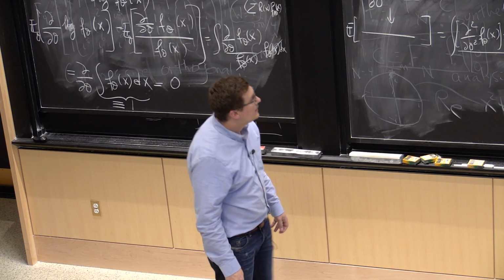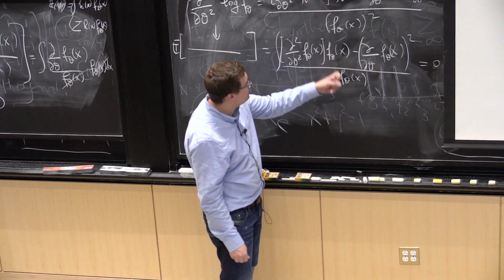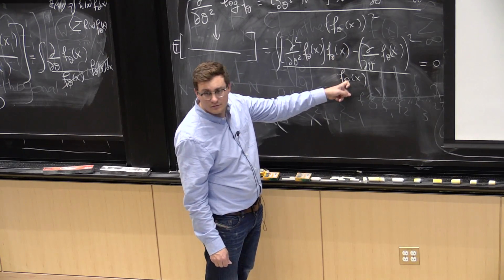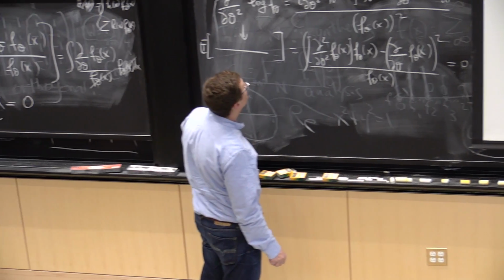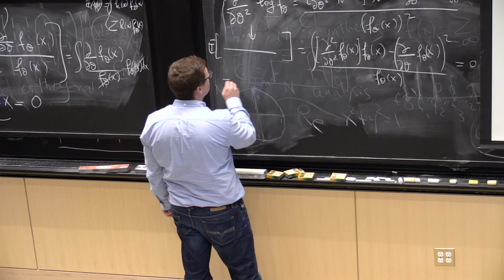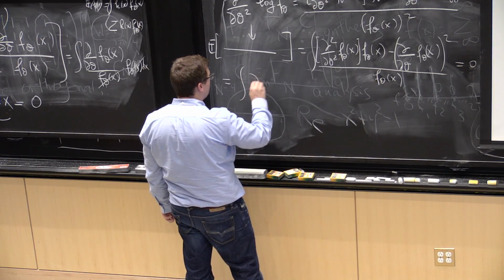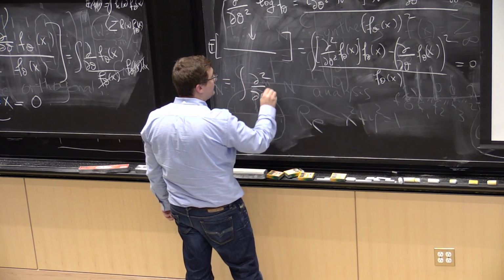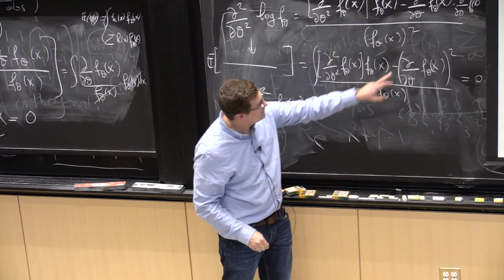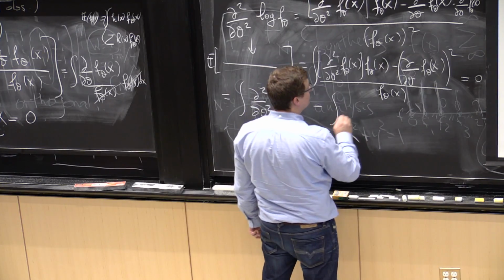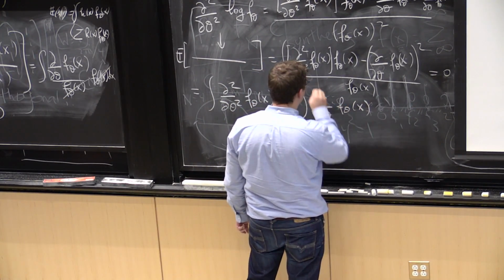OK? Now, I have this guy here, and this guy here is going to cancel, right? So this is equal to the integral of the second derivative of f theta of x, because those two cancel, minus the integral of the second derivative.